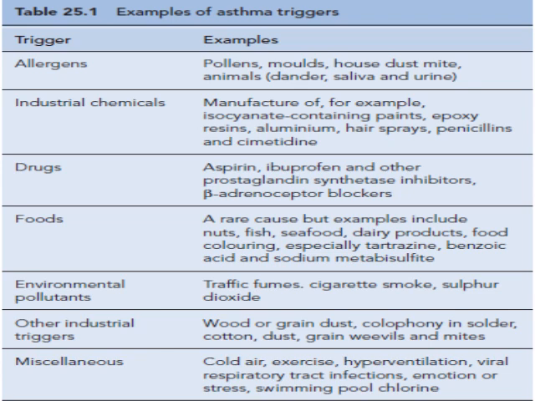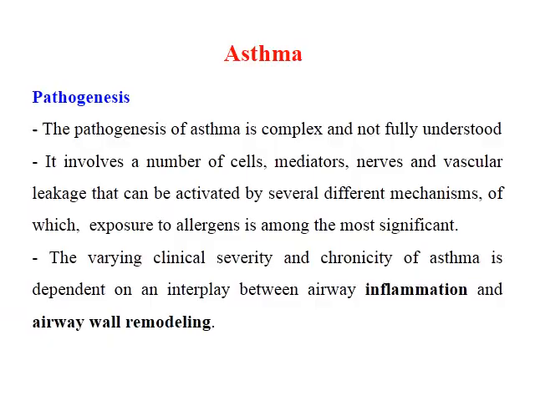Environmental pollutants like traffic fumes, cigarettes, and sulfur dioxide, and other industrial triggers like wood, grain dust, colophony in solder, cotton, and so on, and other miscellaneous trigger factors like cold air, exercise, hyperventilation, viral respiratory tract infection, emotional upsets, or swimming pool chlorine.